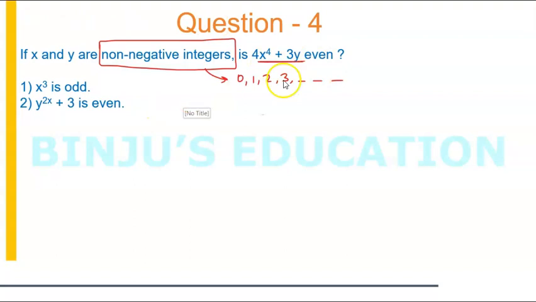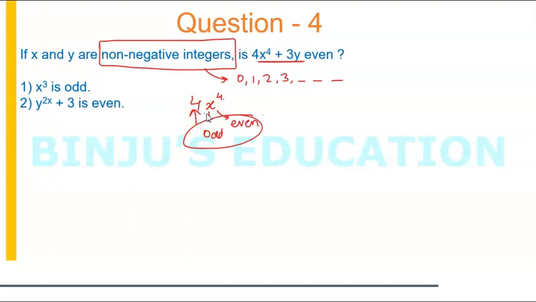See, again the first thing is observe. You have 4x to the power 4. Whether I take x to be odd or even, it's getting multiplied by 4.